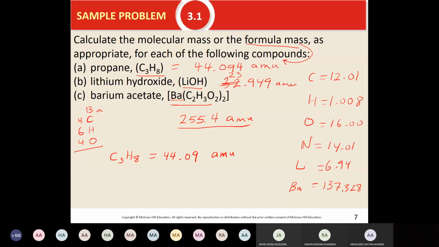Keep this in mind. I want you to tell me what's the percentage of mass of carbon. Not the whole thing, but what's the percentage of carbon only? Go ahead.